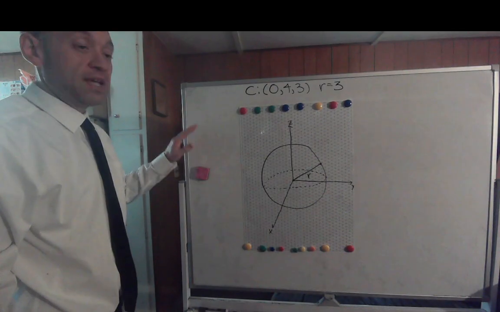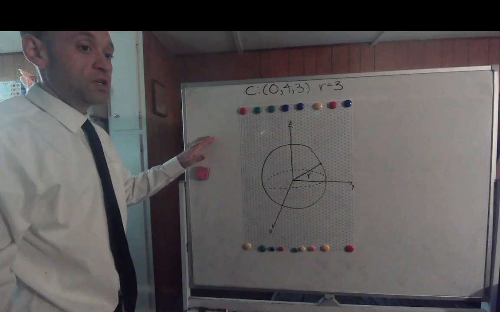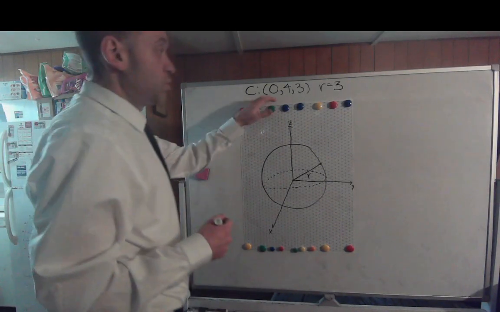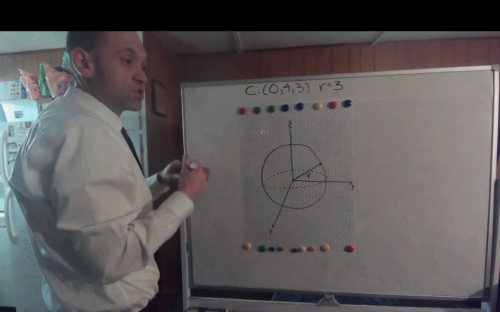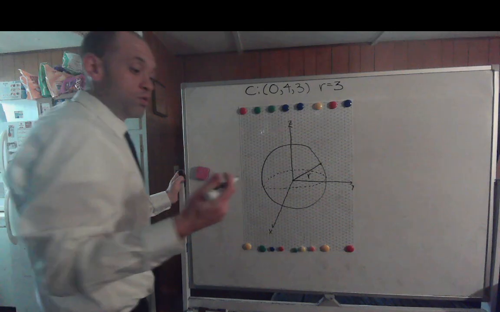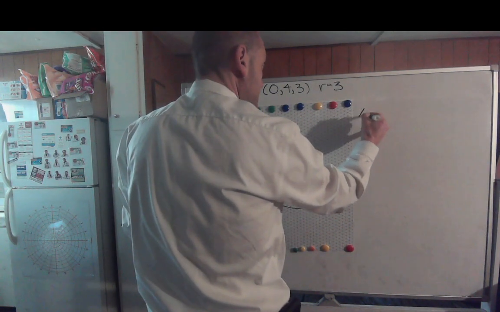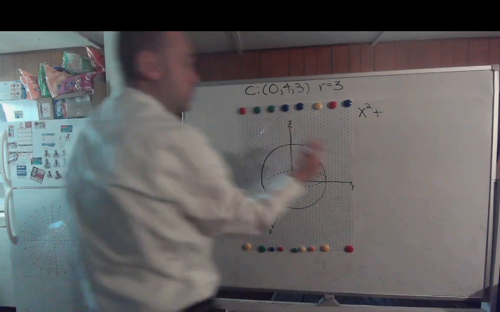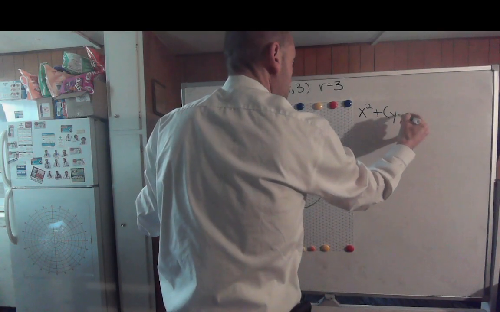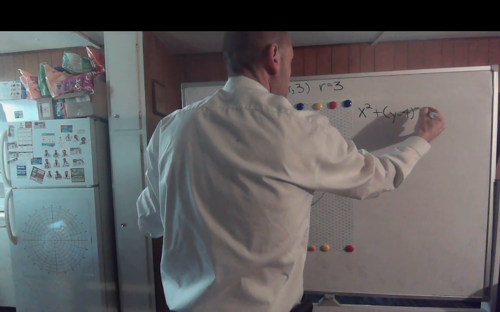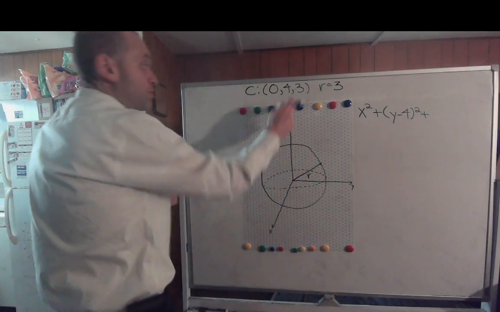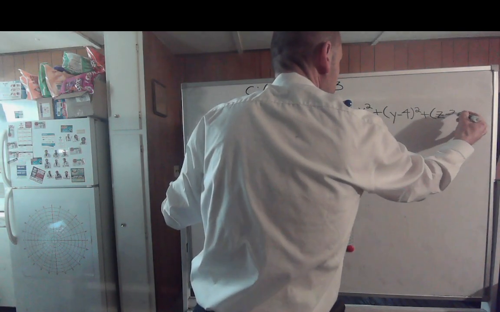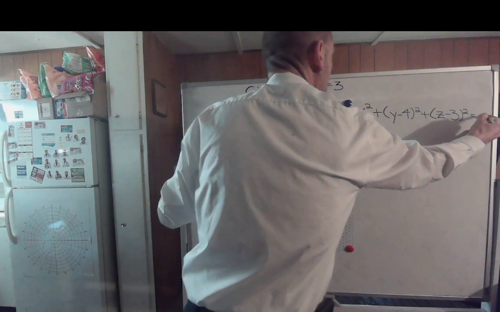Well, again, it's a lot like finding a circle, only in 3D. So you're going to take each of these coordinates. So we have 0 for the x coordinate. That would be x minus 0 quantity squared, or in this case it would just be x squared, plus your y coordinate is 4, so you would end up taking the quantity of y minus 4 squared, plus your z coordinate is 3, so this would be plus the quantity of z minus 3 squared, equals your radius squared.